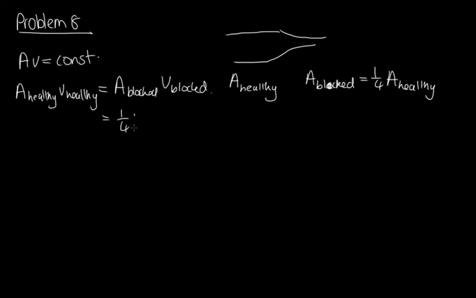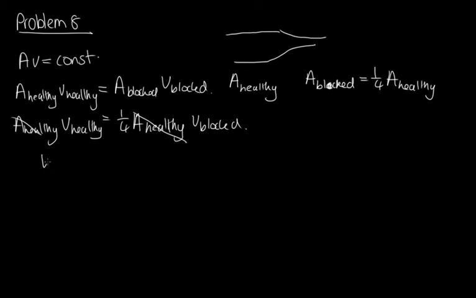So this is 1/4 A healthy V blocked, equals A healthy V healthy. So you can see this A healthy occurs on both sides, so it's a common factor and cancels out. And so V blocked, just rearranging this, is equal to 4 times V healthy. So the blood has to flow 4 times as quickly through this blocked part.